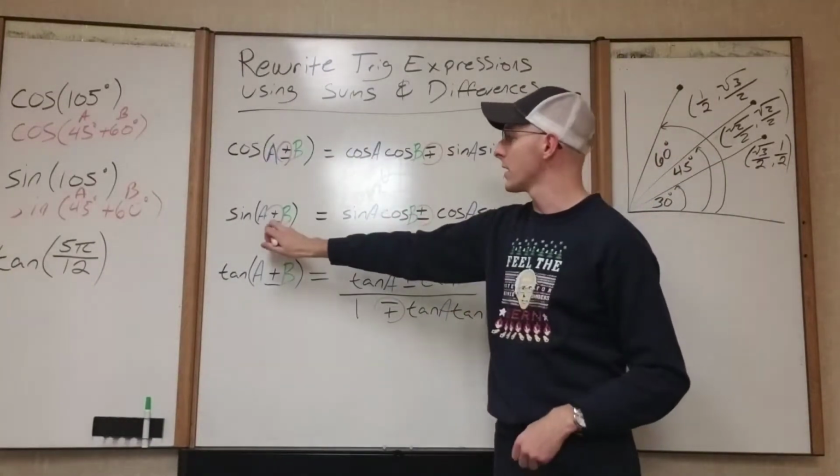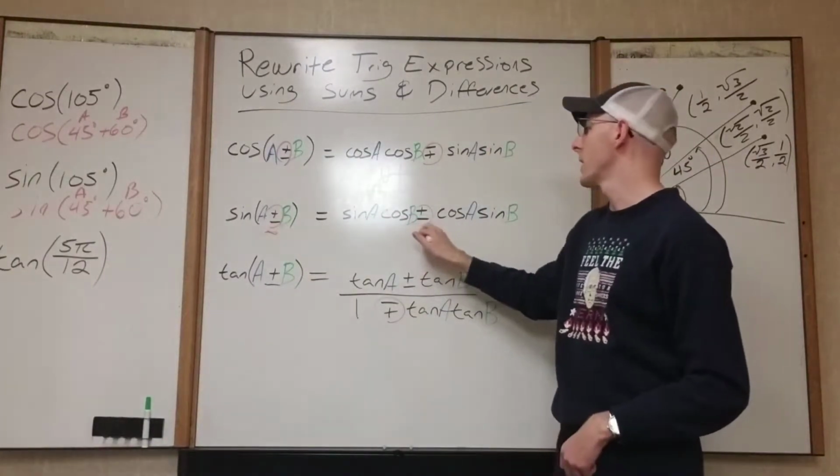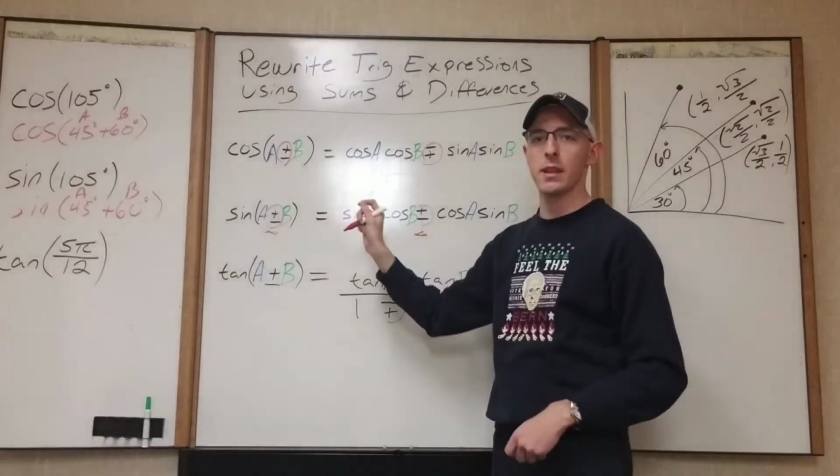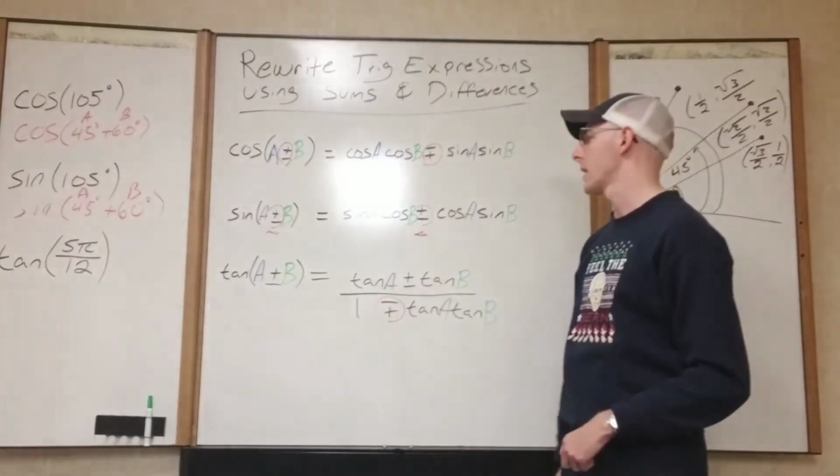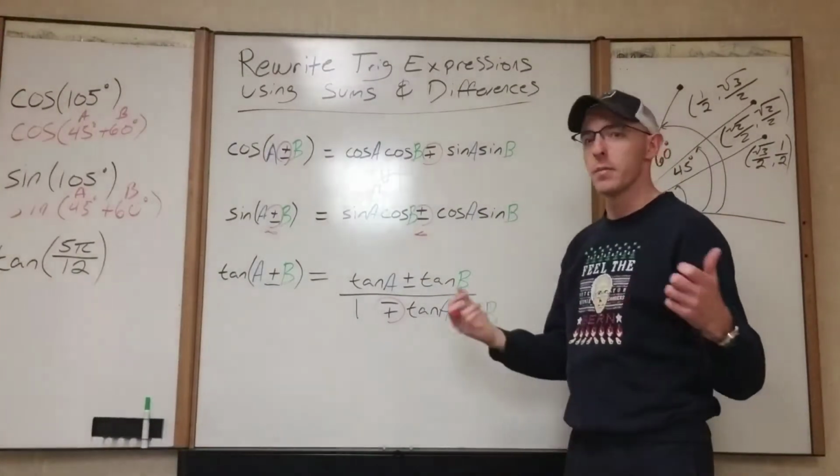And note that with sine, this operation is going to remain the same. So if we're adding A and B to get that initial degree measure, we're going to be adding here too.